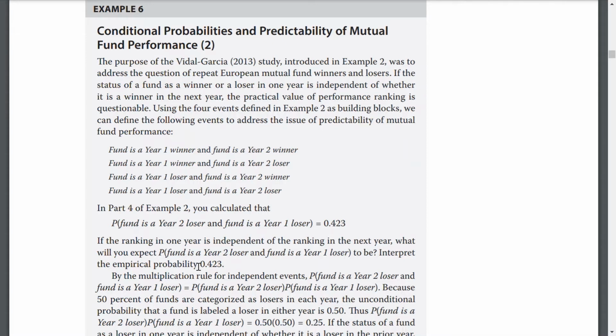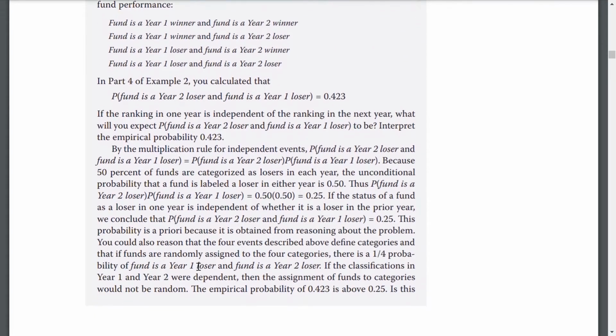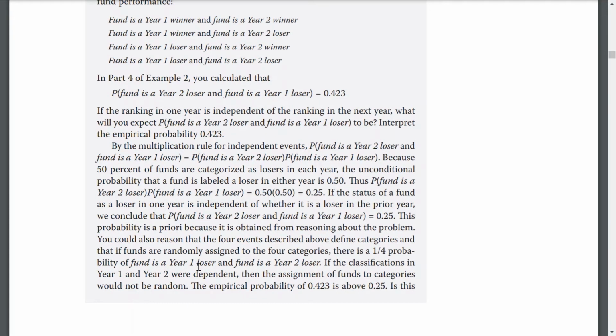Using the evidence from example 2 as building blocks, we can define the following events to address the issue of predictability for mutual fund performance. So here's what it looks like. In part 4 of example 2, you calculated that P, the probability of a fund being a year 2 loser and a year 1 loser, is 0.423.